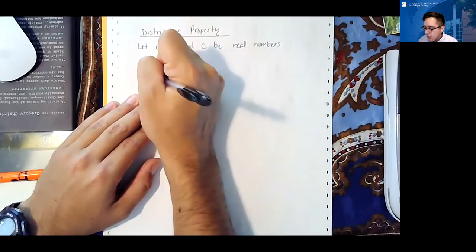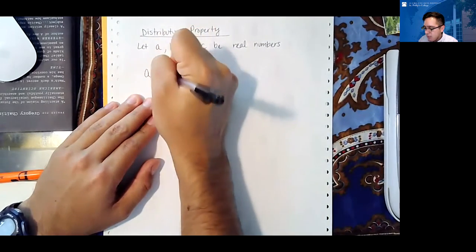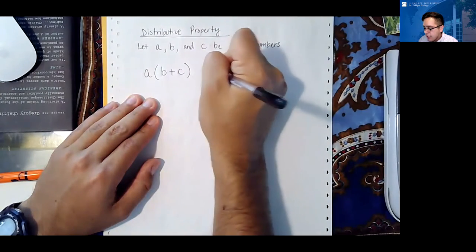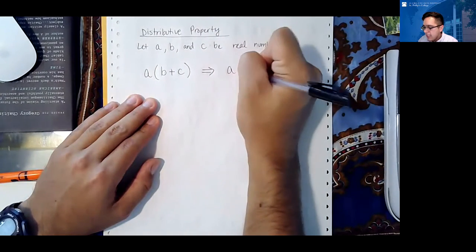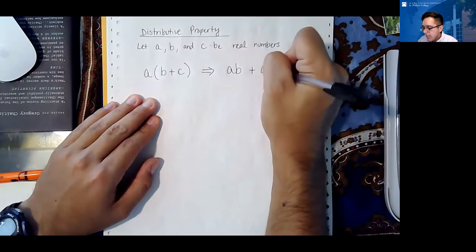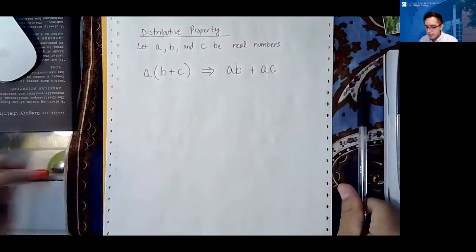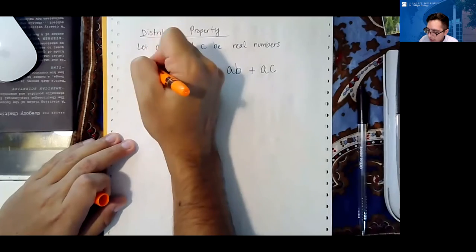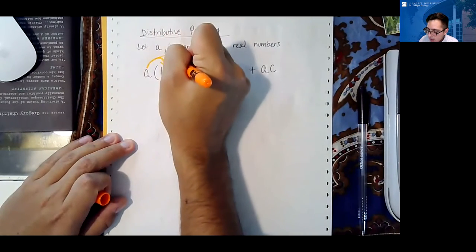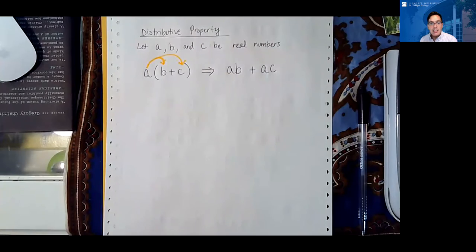If I have A times (B plus C), then I can convert that into A times B plus A times C. Again, distributing or multiplying that A by each of the terms in the parentheses as they're separated by that addition symbol.